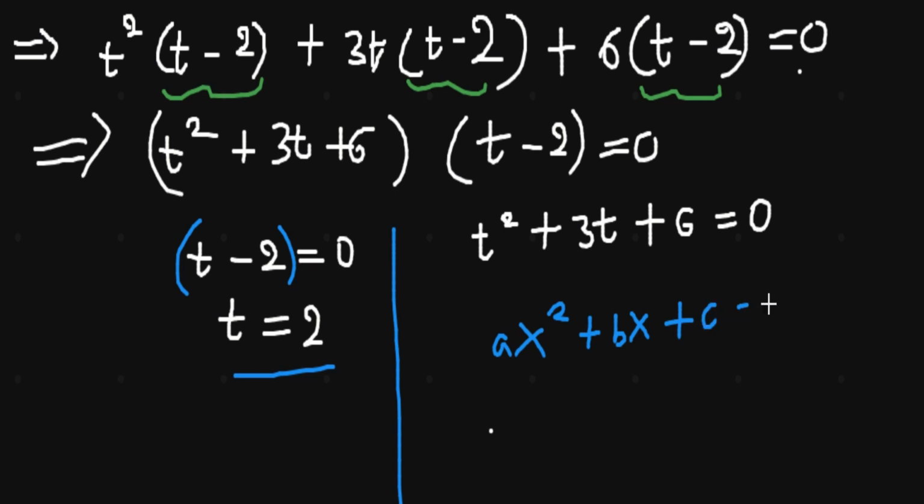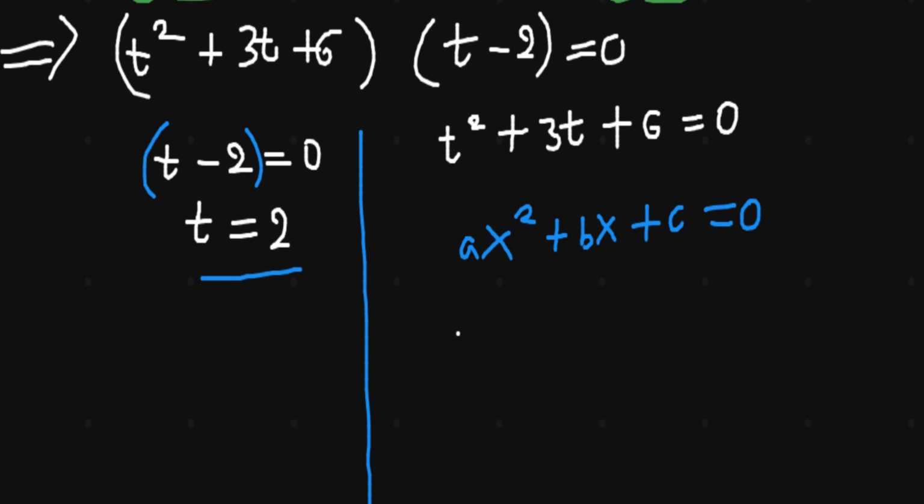ax square plus bx plus c is equals to 0, where we can write a is equals to 1, b is equals to 3, and here c is equals to 6.